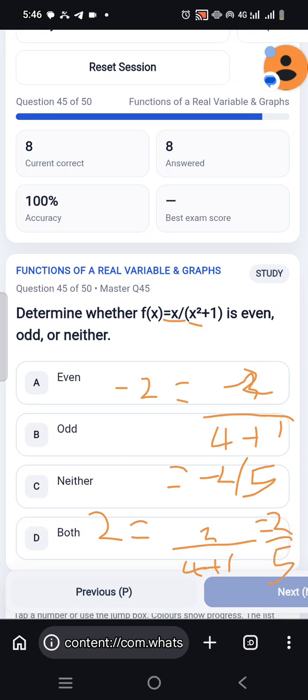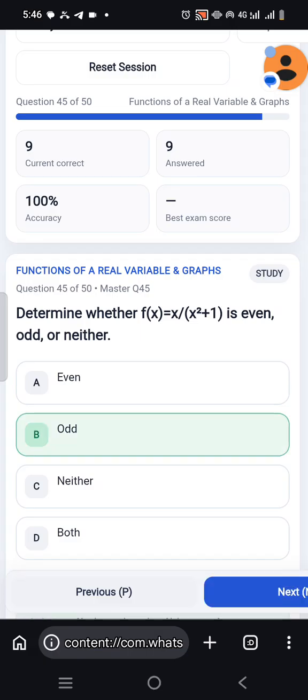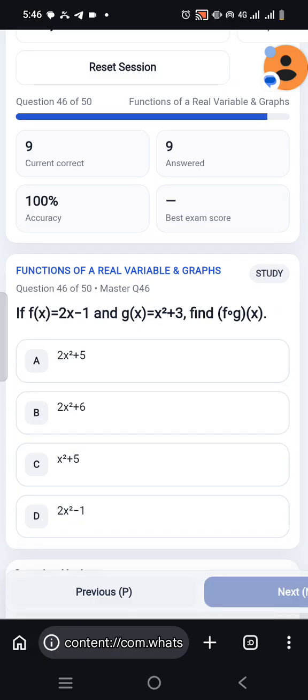Can you see? For f of minus x it is minus 2 all over 5, for f of x it is 2 all over 5. That is an odd function. So B is the answer. Next, you are asked to find f of g of x. This notation means f of g of x, a composite function.